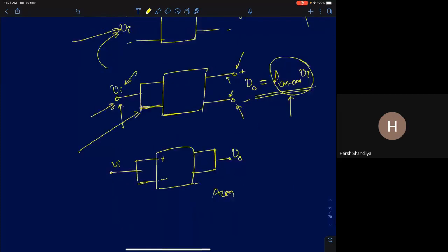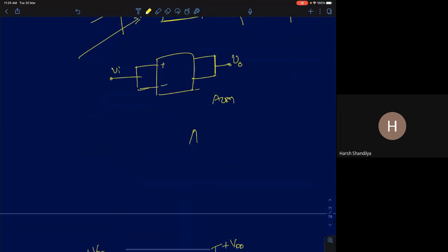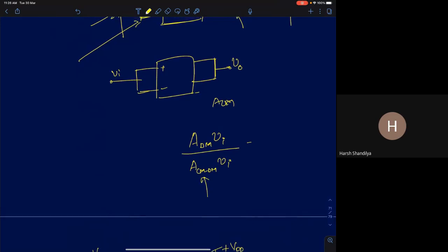So if I take the ratio of these two, A dm times Vi, that's your signal, and A CM-DM times Vi, that's your unwanted signal, which ideally should have been 0. Then I get a ratio which is A dm divided by A CM-DM. This is nothing but the differential gain of the system divided by the noise gain of the system.